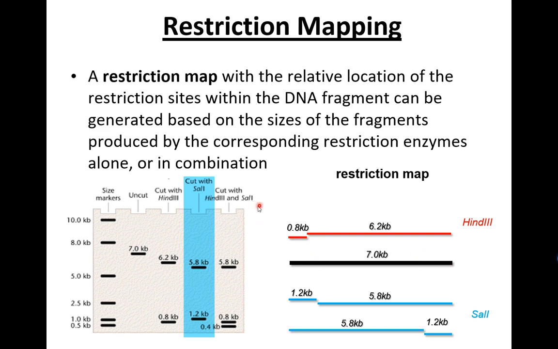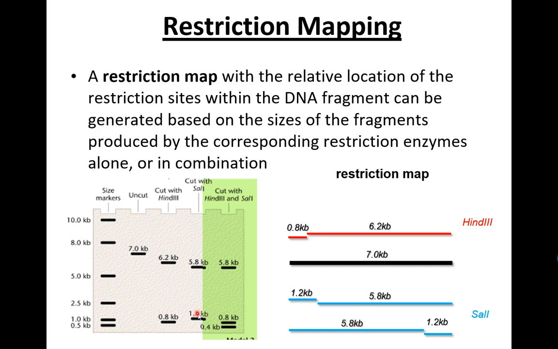Well, we can figure it out by looking now at the result of the digestion with the combination of both restriction enzymes. What you see here is that the 5.8 kilobase band generated by SAL1 alone doesn't disappear once you add HIM3 on top of that. It stays the same. What it means is that HIM3 is for sure not cutting within the 5.8 kilobase band.